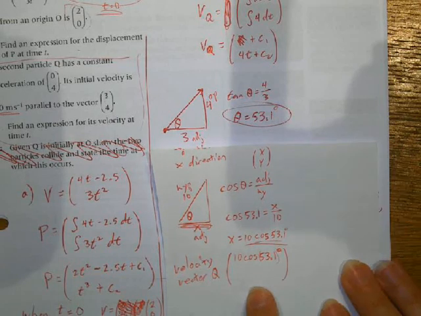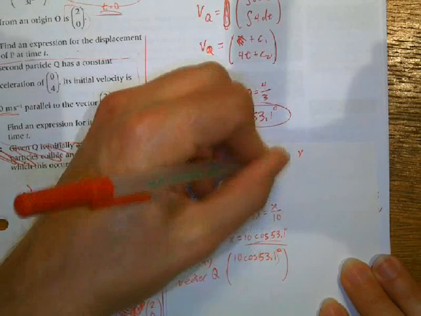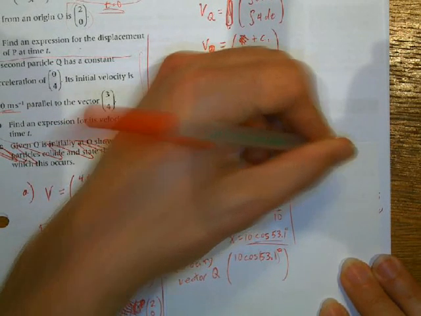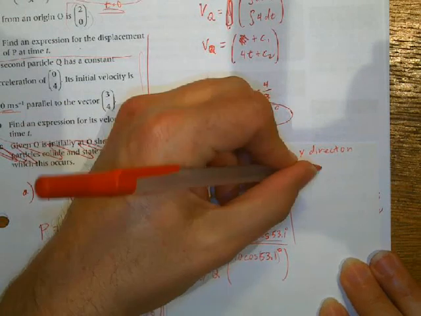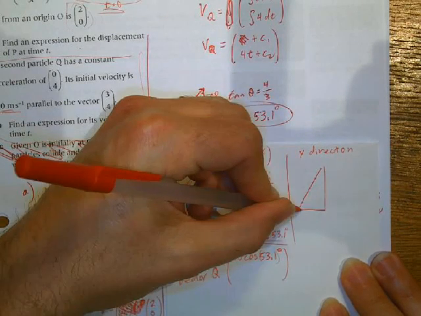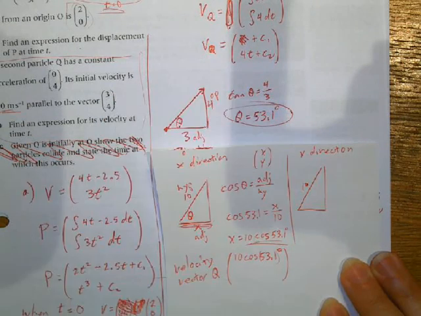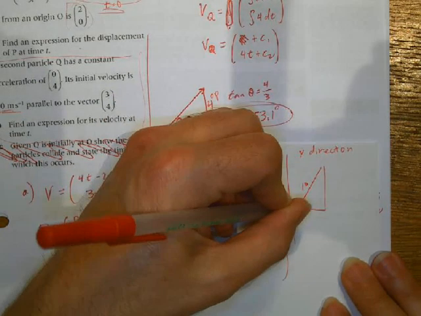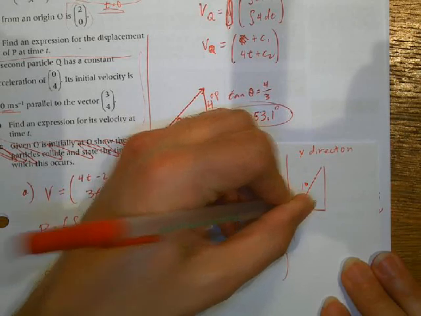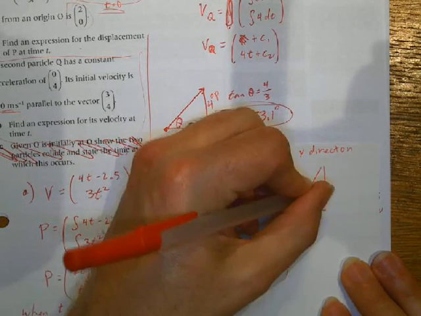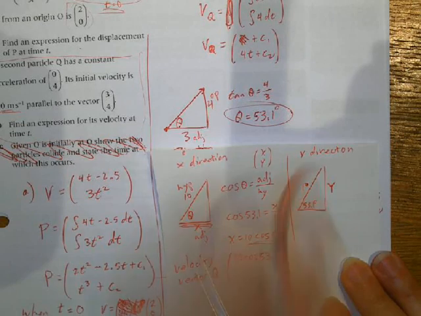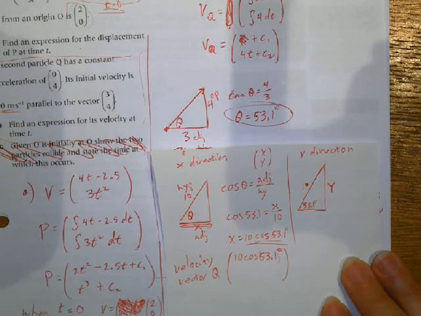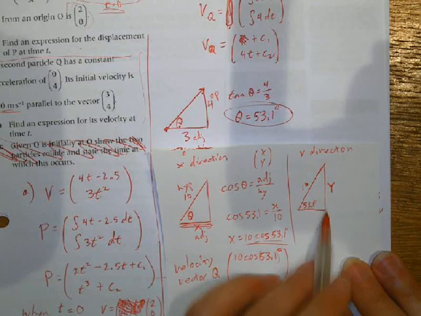Okay, now we need to figure out the y component. So in the y direction, I'm going to redraw the triangle again. We know that length is 10, and we know that's 53.1 degrees, and we're trying to figure out the y length. If we know that the magnitude is 10, and we know this angle, we can figure out the y length.